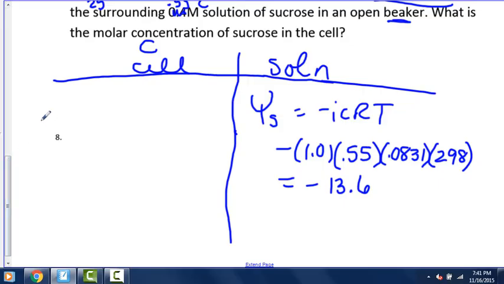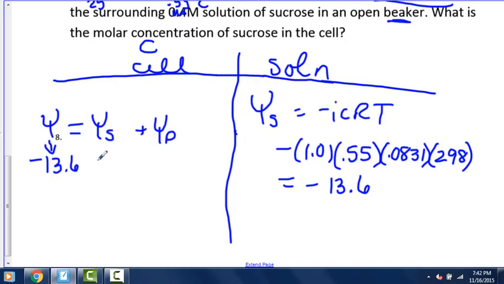So over here on this side, this is equal to this plus this, and this whole thing is equal to negative 13.6. That is what this value is. So I know that because it said it was in equilibrium, so it made that part easy.